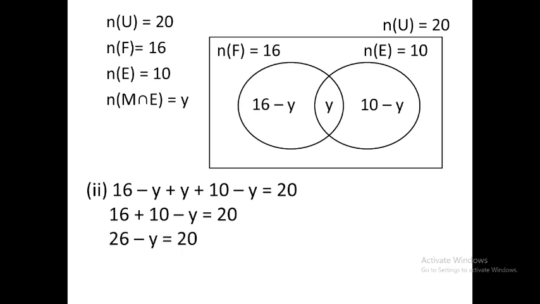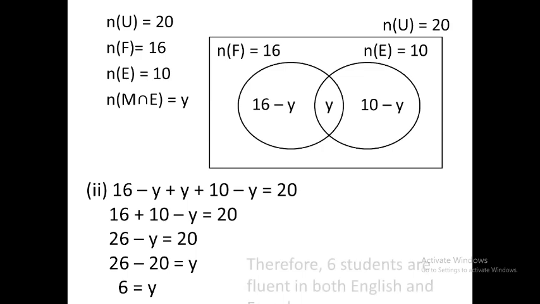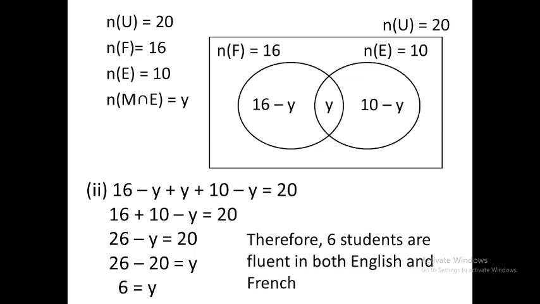Here we group like terms. So 26 minus 20 equals Y. And we can confidently say that our Y is 6. So therefore, 6 students are fluent in both English and French. I believe this is clear.